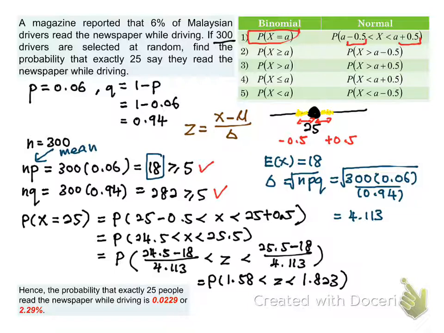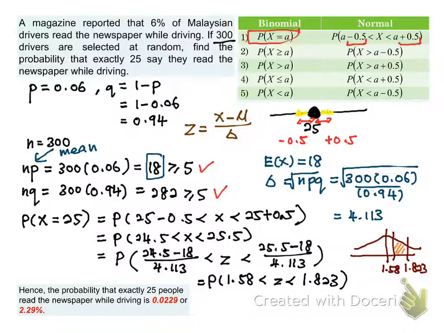When you check the region, you have to check it correctly. Both will be on the right hand side, am I right? This is 1.58, this is 1.823, and our region is this one, within. How to get the part that we want?